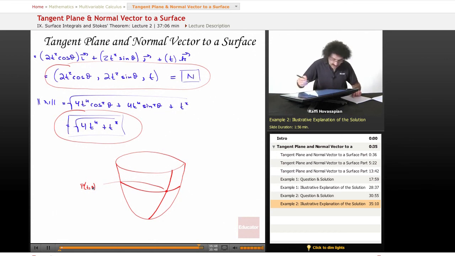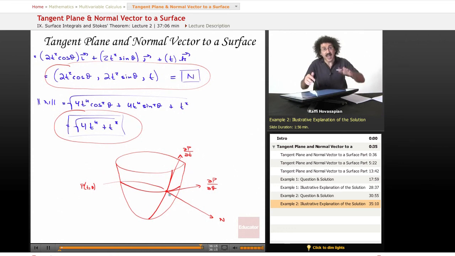You're going to get a tangent vector that way. This is going to be dp dt. You're going to get a tangent vector that way. That is the dp d theta. And when I take dp d theta cross dp dt, I end up with my normal vector to the surface.